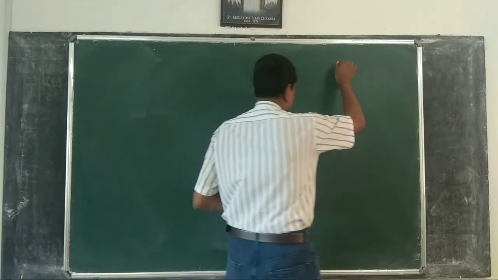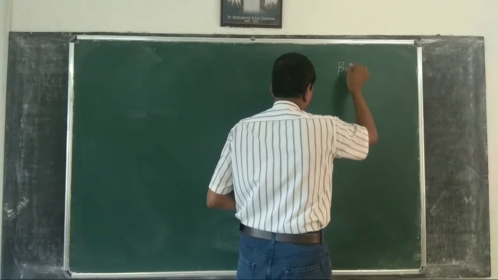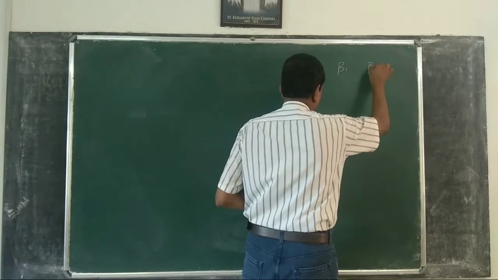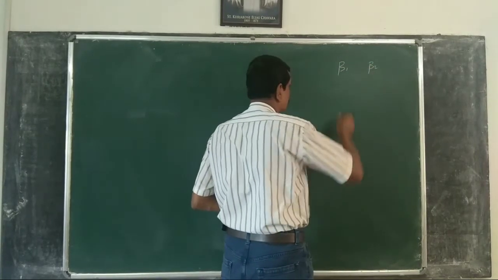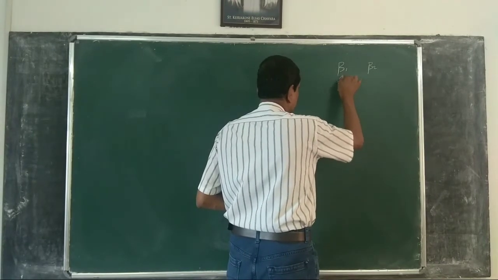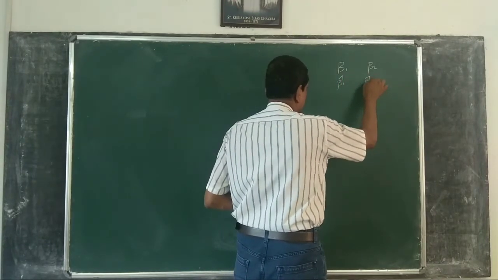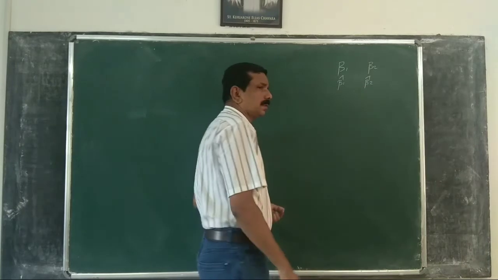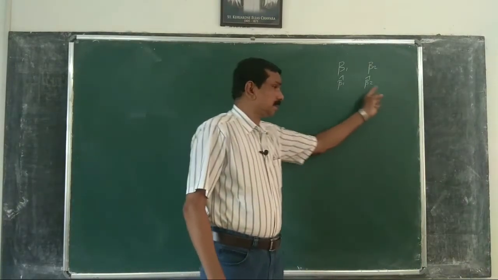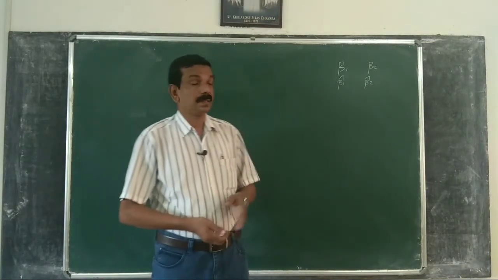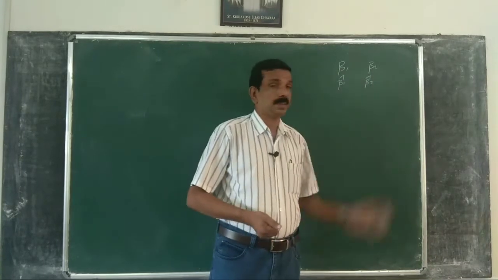The parameters of our discussion are beta 1 and beta 2. The estimators are beta 1 hat and beta 2 hat. We use these estimators to make inferences about parameters.